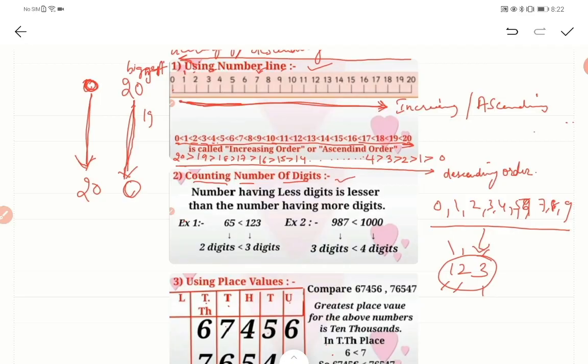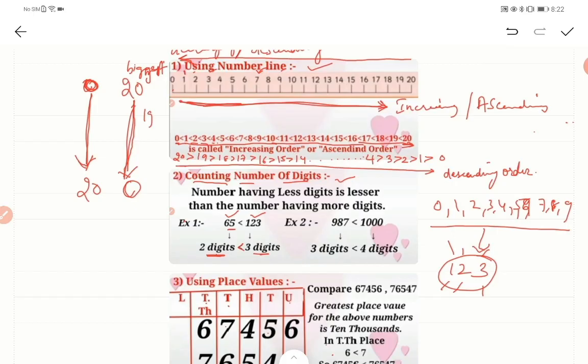If a number has fewer digits, then that number is smaller compared to the other, right? In 65 we had 2 digits, and in 123 we have 3 digits, so 2 digits is less than 3 digits. That's why 65 is less than 123, isn't it?